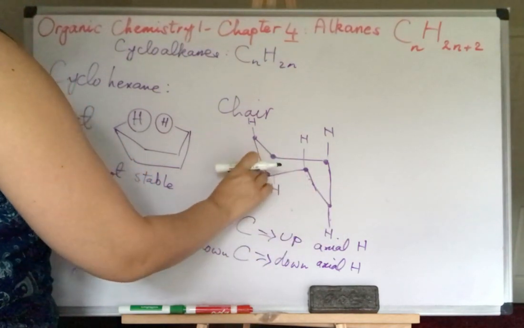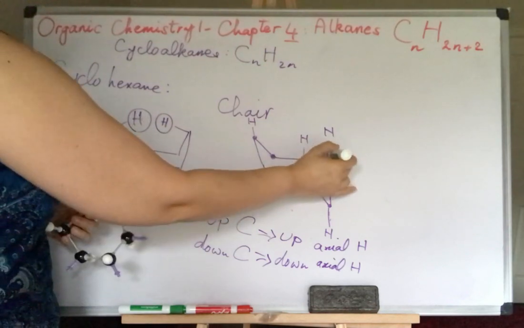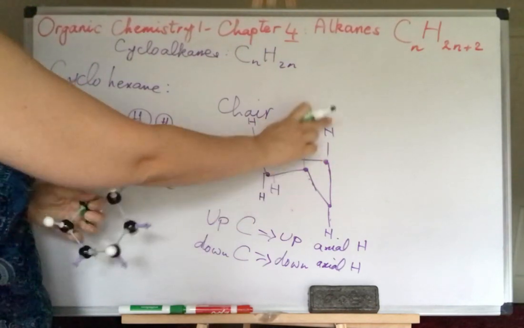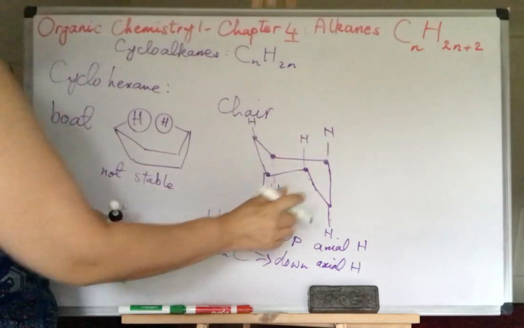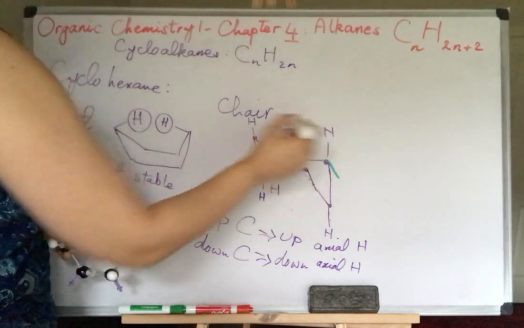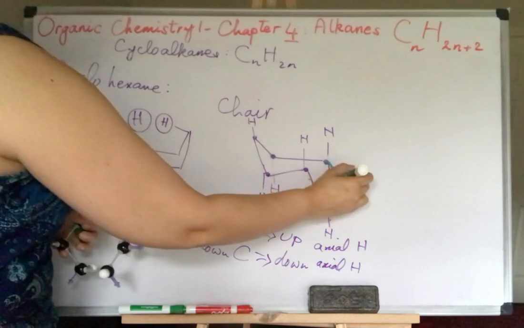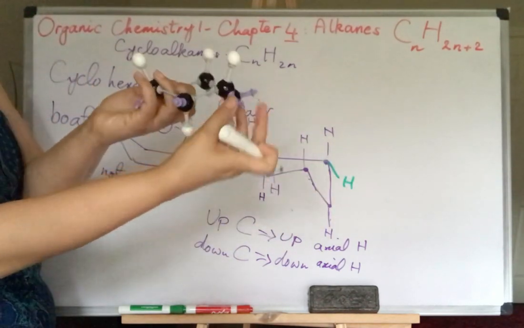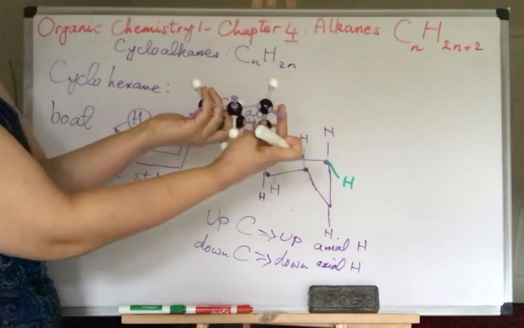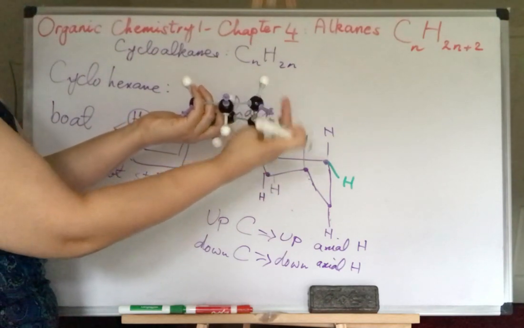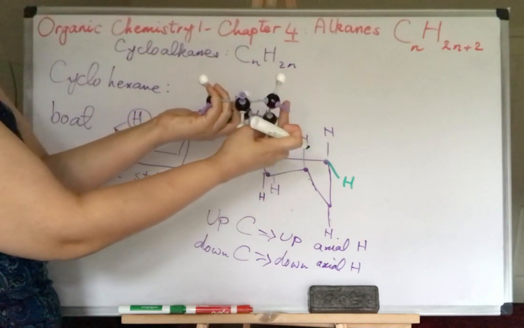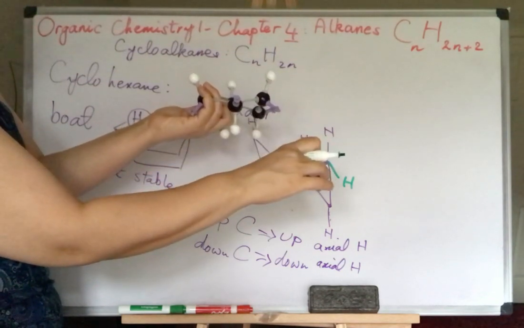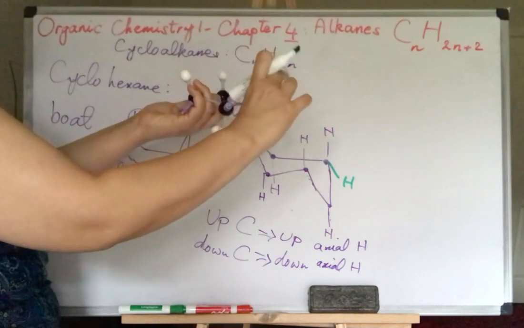So, if on the up carbon, like this carbon, axial hydrogen is on top, so your equatorial hydrogen should be towards the bottom. You see, like let's say, imagine this is the carbon. You see the axial on top, but equatorial is going towards down to keep these two hydrogens away.